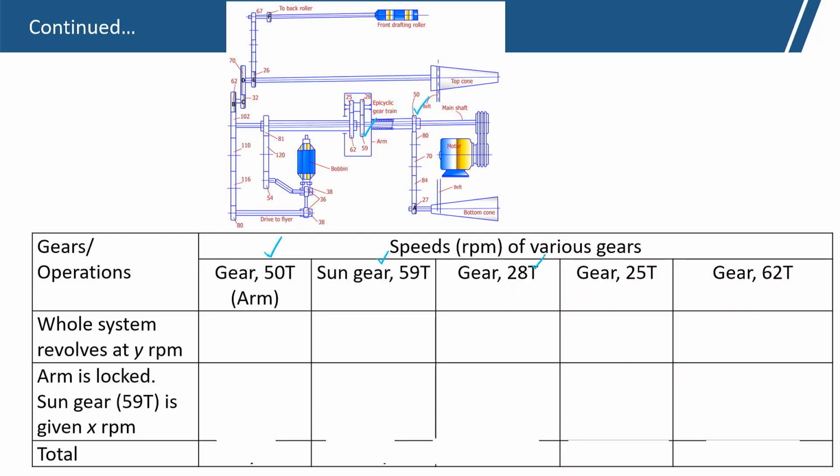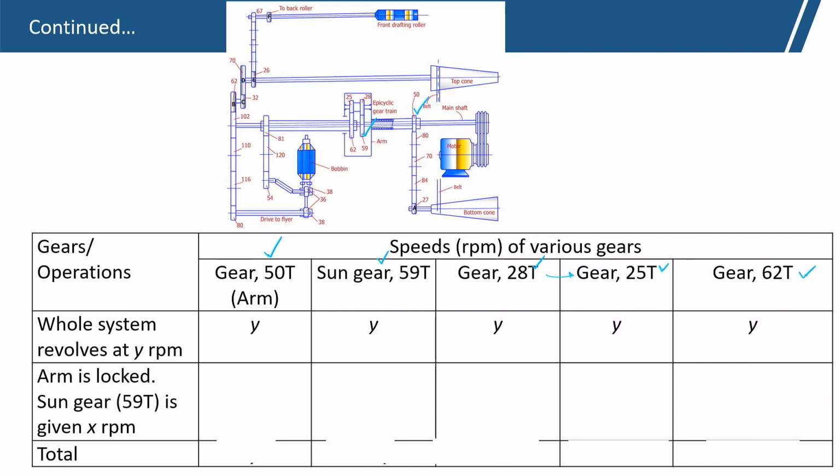Gear 28 is the planet, and 25 is actually the same as 28, because they are on the same shaft, fixed. Gear 62 is the output of the epicyclic gear. So, the same tabular system treatment will be there. First, the whole system is revolving locked, at the speed of the arm plus y. So, y we are giving to all the components.